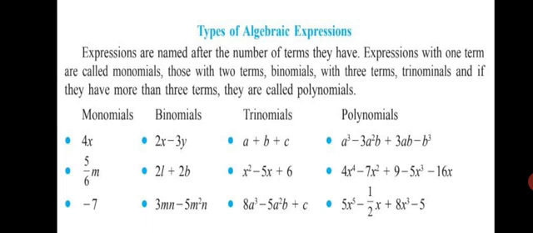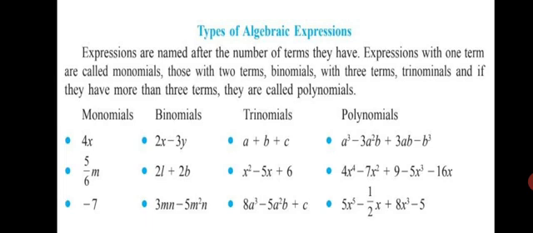And more than three, see the last one, polynomials. Polynomials means you have 4 or more than 4 terms. So a cube minus 3a square b plus 3ab minus b cube. There are 4 terms, so it is a polynomial.